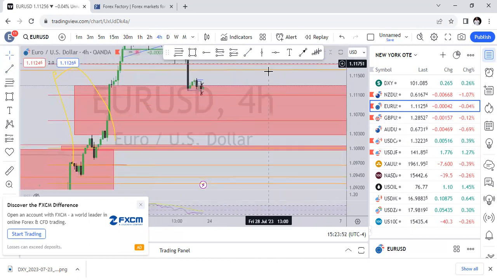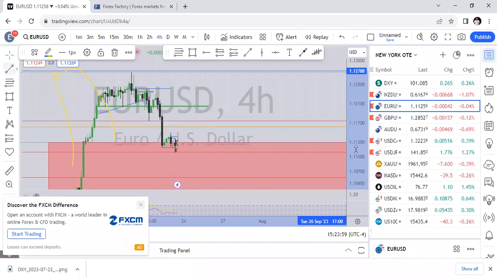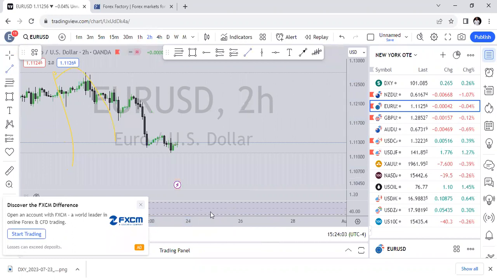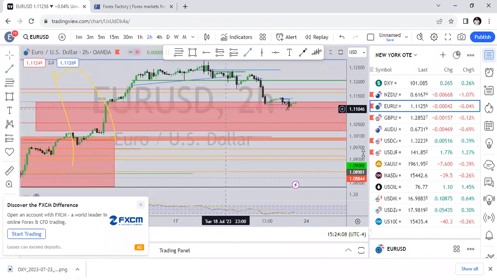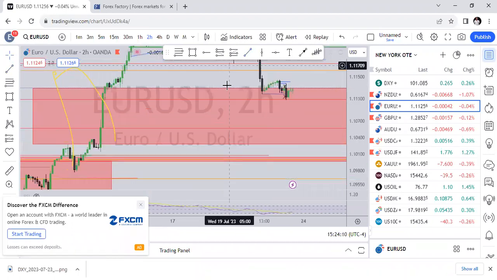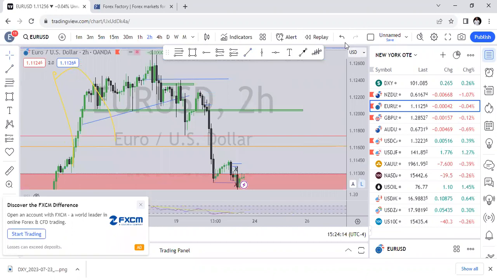So for you to be able to get in, if you're not waiting until the new week, we can step this one down and see how we can participate in that sell that we know is not done.